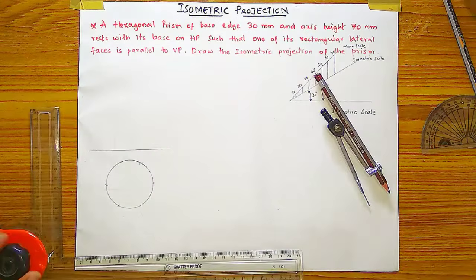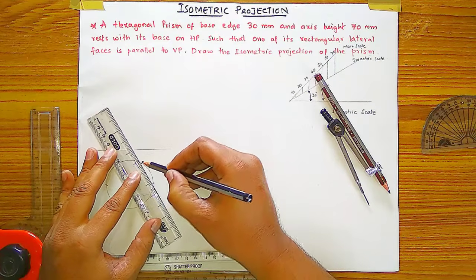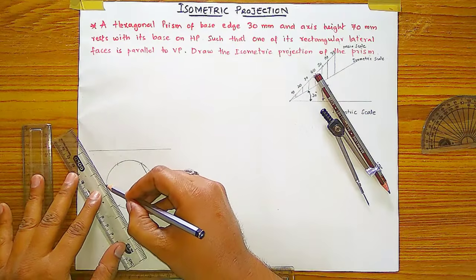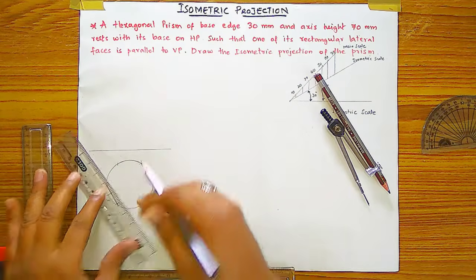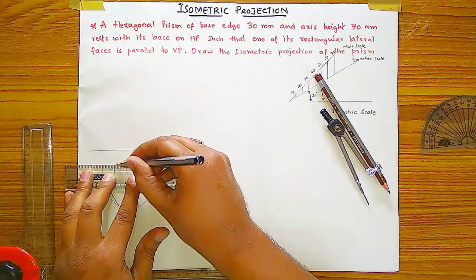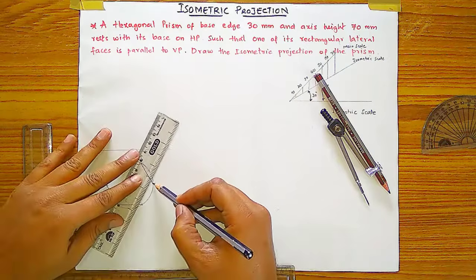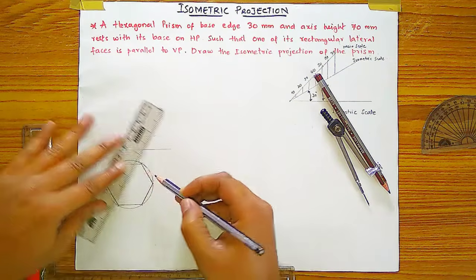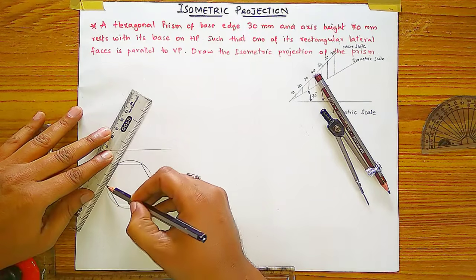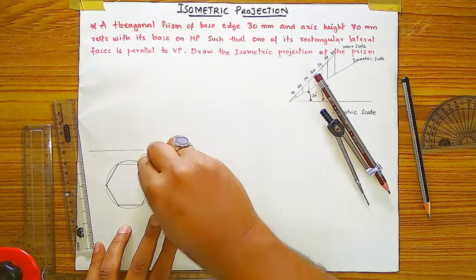Then after these arcs you have to join with lines like this to draw a hexagon. And your hexagon is drawn.